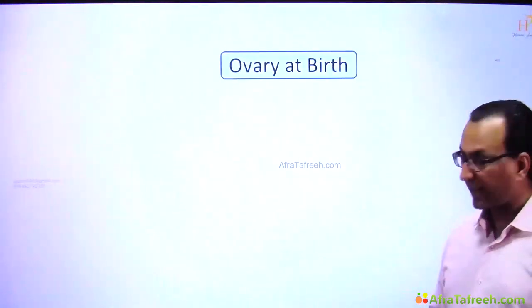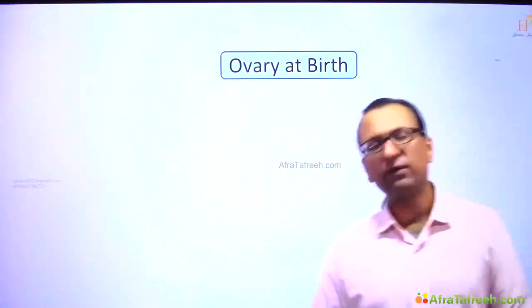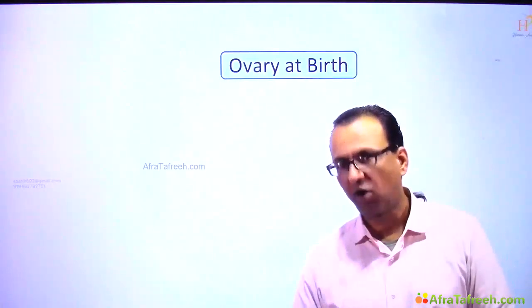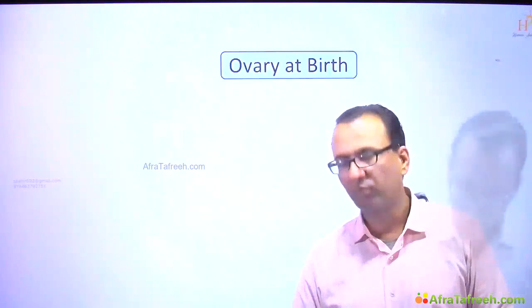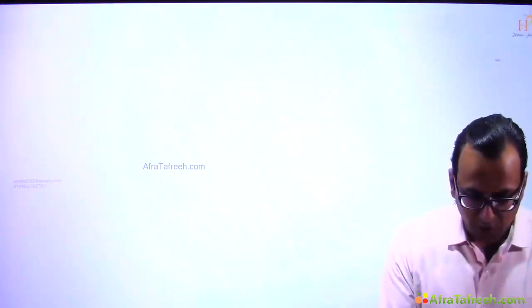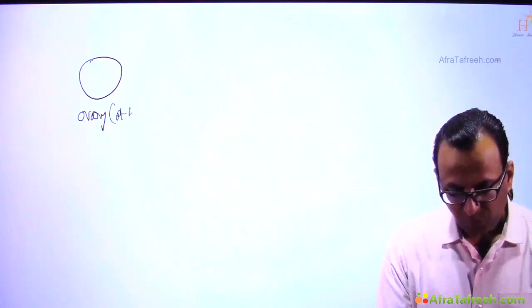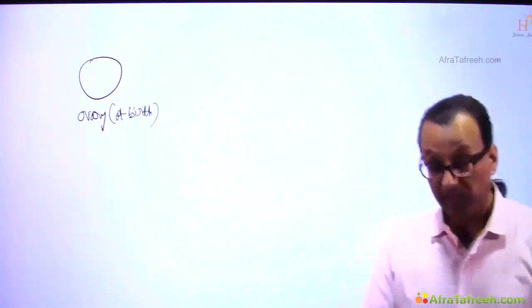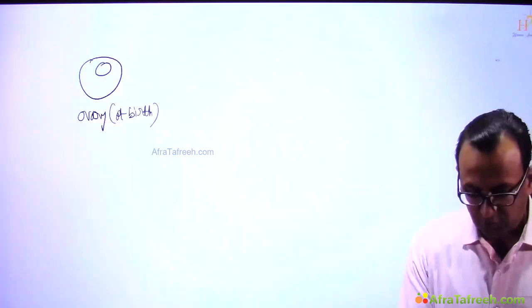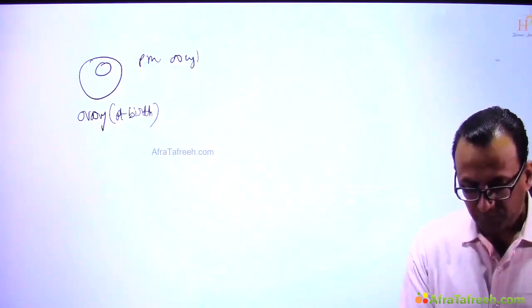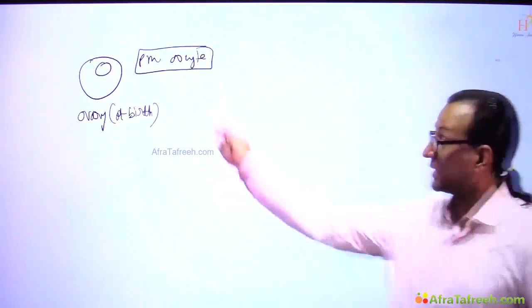You will notice that when you look at the ovary at birth, the ovary will have primary oocytes already there, arrested in prophase 1. We are looking at the ovary at birth here, and if you are searching for the cells, you will notice that this is the primary oocyte, which is present in the ovary at birth.